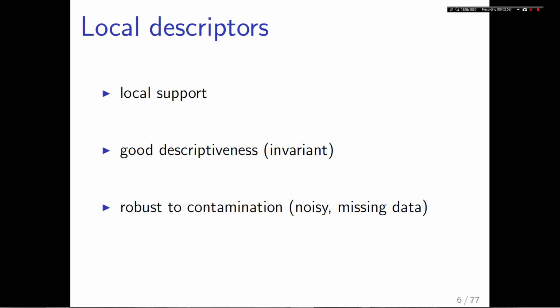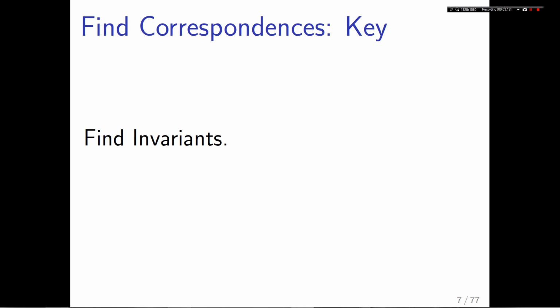Different places have different kinds of these geodesic spin contours. And also, which I have not shown you, our descriptor is robust to contamination. Especially, I will mention for some missing data and partial data, our descriptor performs pretty well.